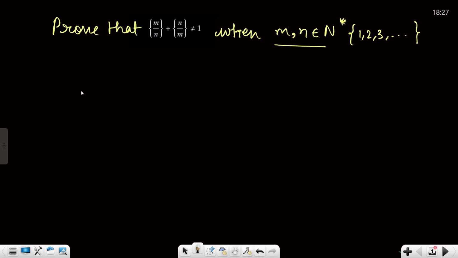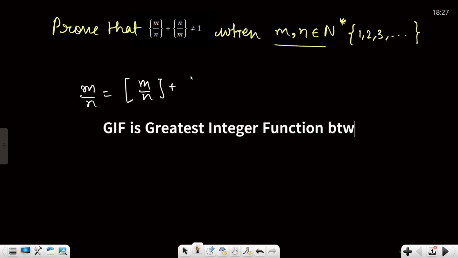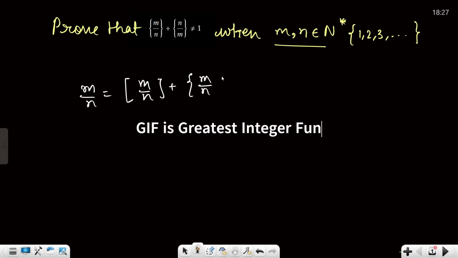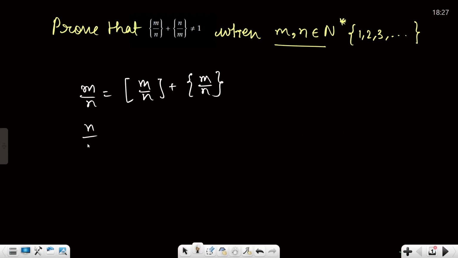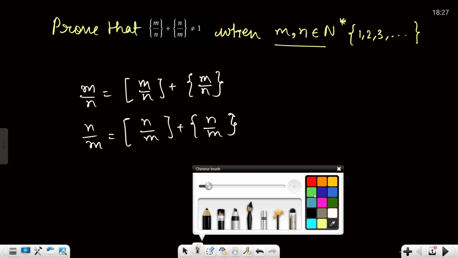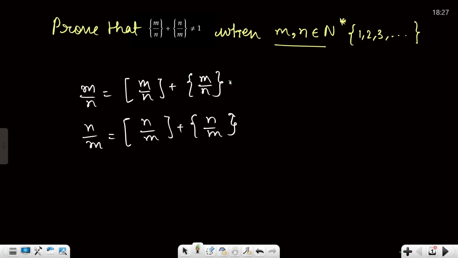We'll start by writing what m by n and n by m actually are. So m by n is the greatest integer function of m by n plus the fractional part function. And we can break n by m like this. So we'll have no problems. After this, I'm just wanting to extract the fractional part function from this.